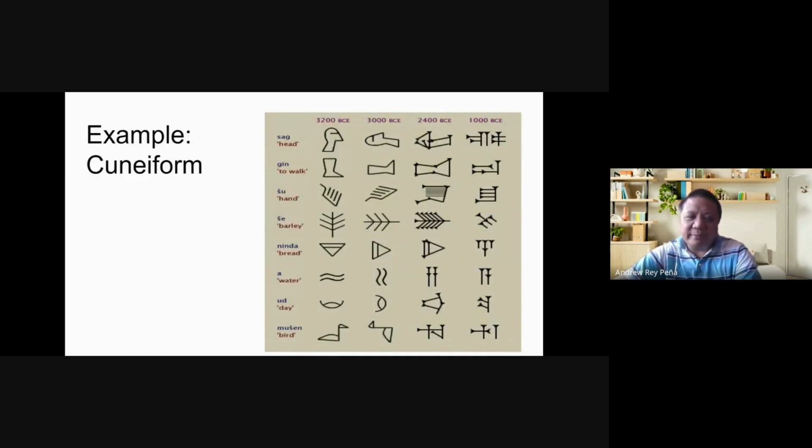Okay, another example is the cuneiform. Cuneus means wedge. So these are forms produced using wedges. And this is in Mesopotamia. Hieroglyphics were in Egypt. In Mesopotamia, we have the cuneiform, symbols produced using wedges.